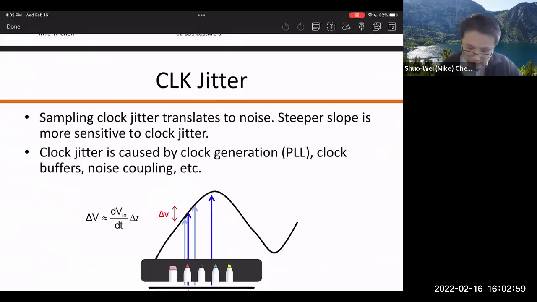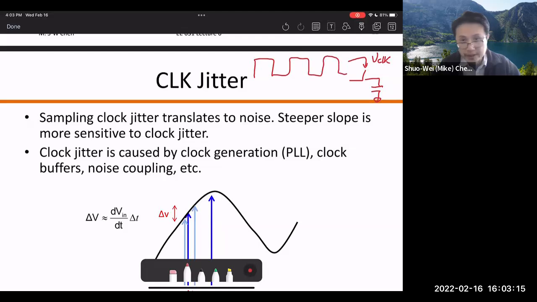Remember when we talked about the track and hold circuits, there's a clock coming in, and this clock should be an ideal square wave, with a fixed period.